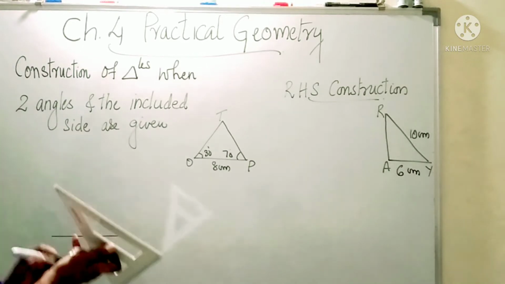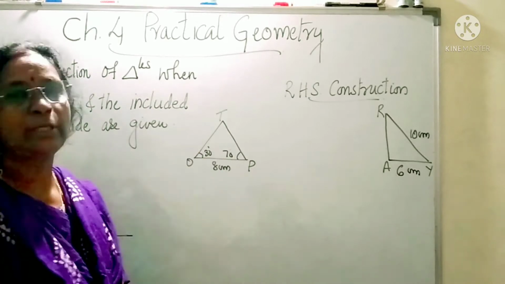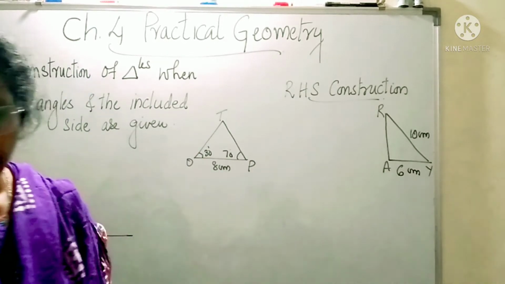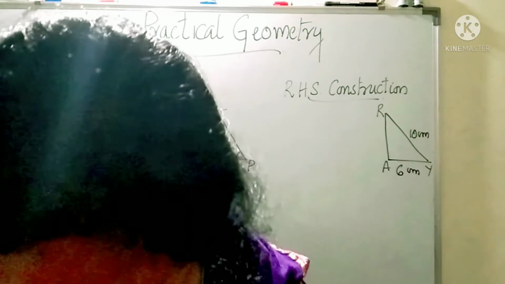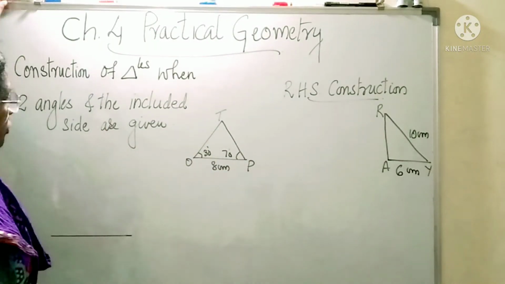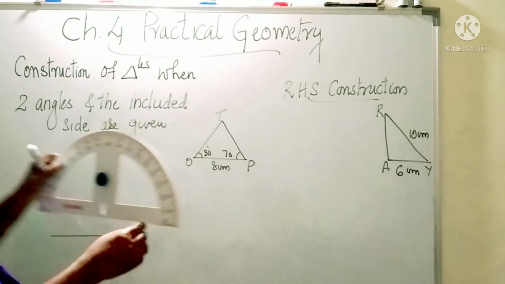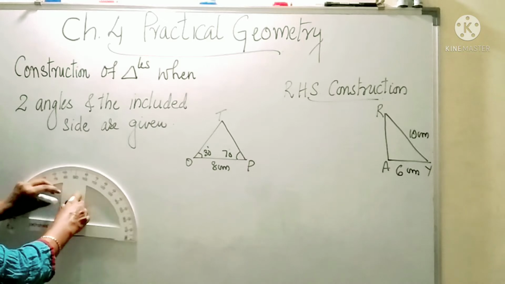That is drawn. Now what is the next step? You have to draw these two angles. What is the measurement given? Accordingly, you need to draw two angles. So let us see how to draw it. First of all, this baseline, always it should be along this line.